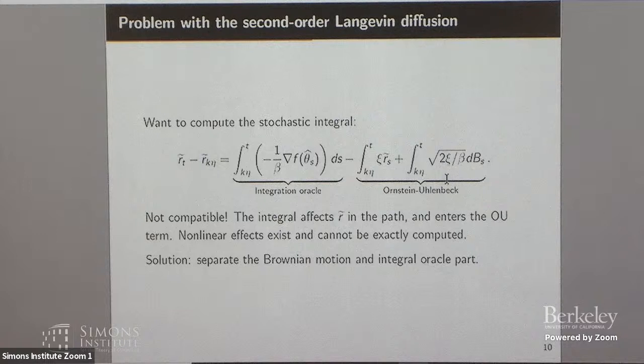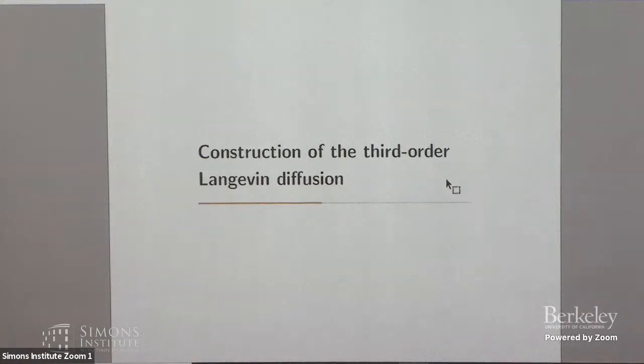So if you really want to get a faster sampling algorithm, we may want to separate the part where you integrate the gradient of f and the part where you run this OU process and inject this Brownian motion. That gives rise to the second idea, which is the high order Langevin diffusion.